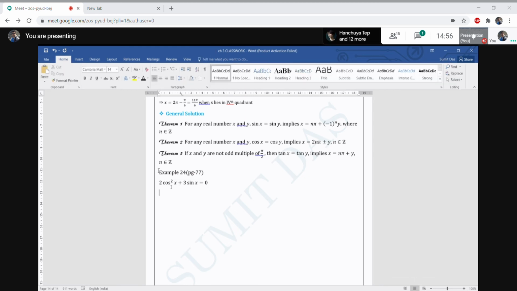So how to solve this kind of question? Look, there is sin x here and cos x here, so we can solve it like a quadratic equation.